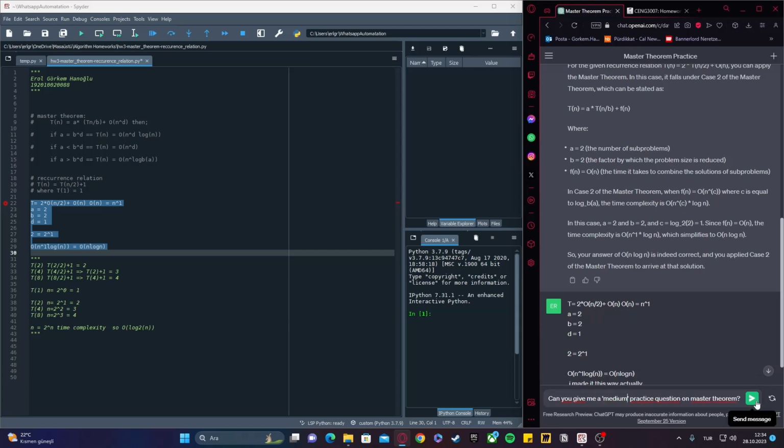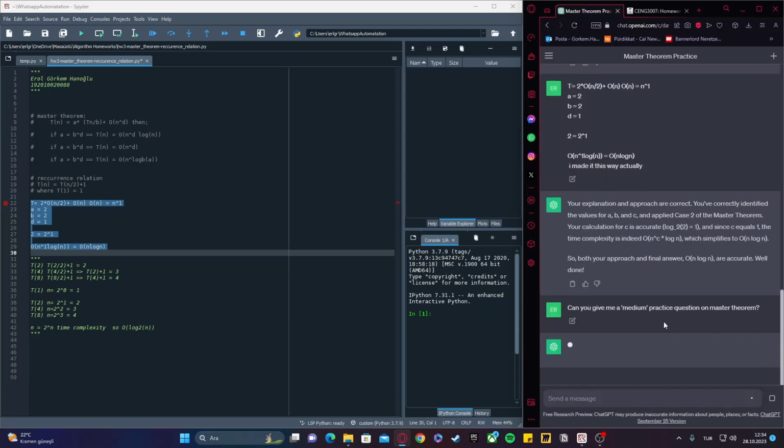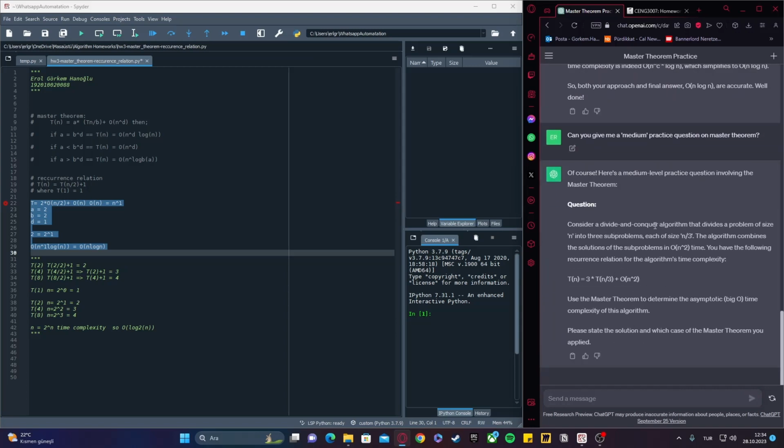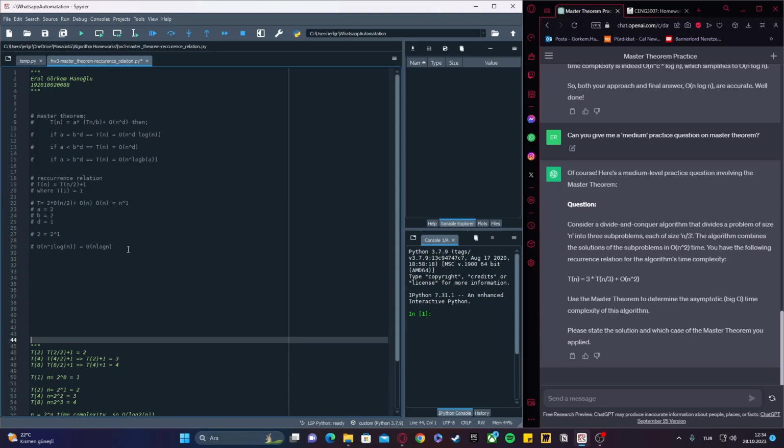Let's take the second question. I want to do it like this one. Let's say problem size n and 3 subproblems, each of size n/3.